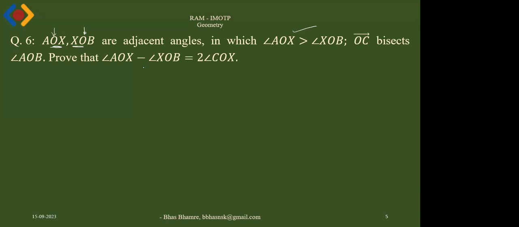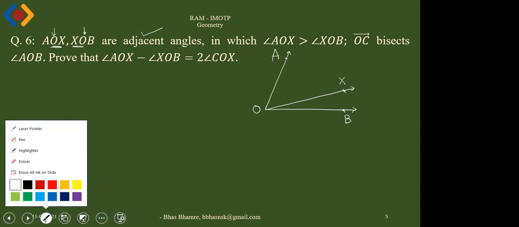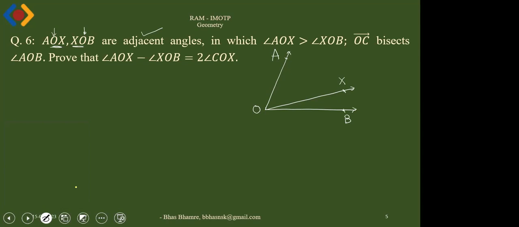So we need to draw the figure. It is said that angle AOX and angle BOX, or XOB, are adjacent angles. Yes, in my figure they are adjacent. Then angle AOX is greater than angle XOB. Yes, look-wise it is, and it should be. Now it is stated that ray OC bisects angle AOB.